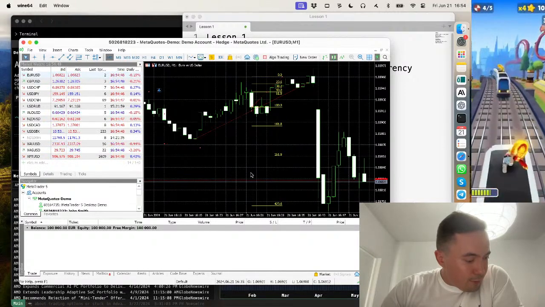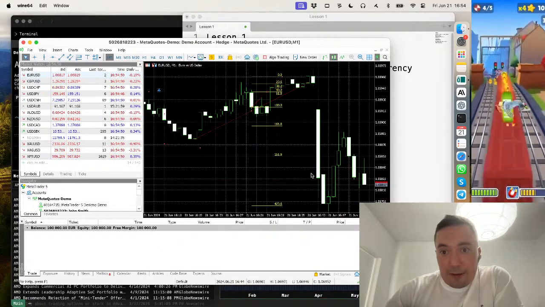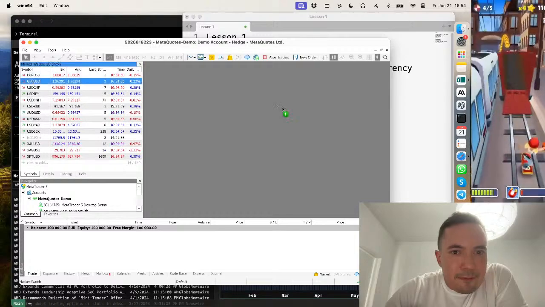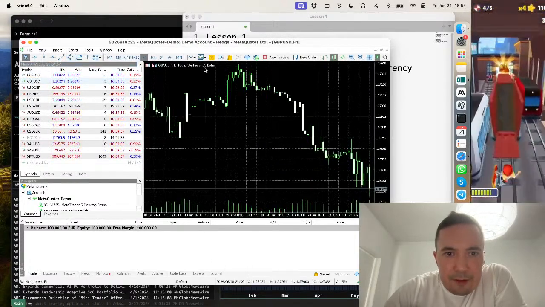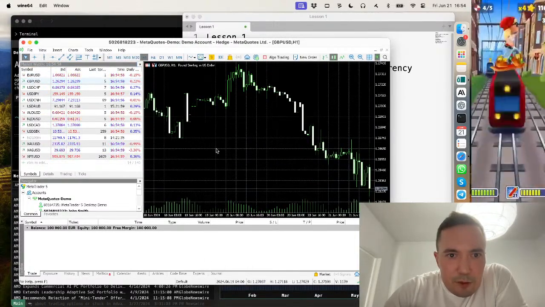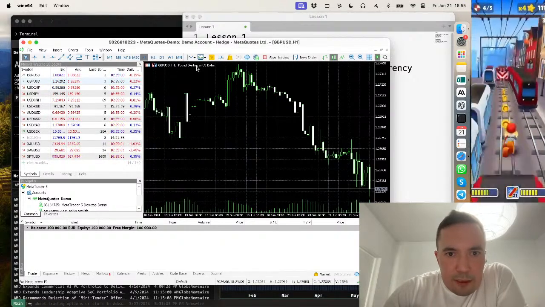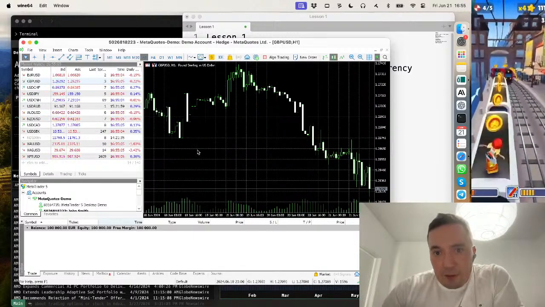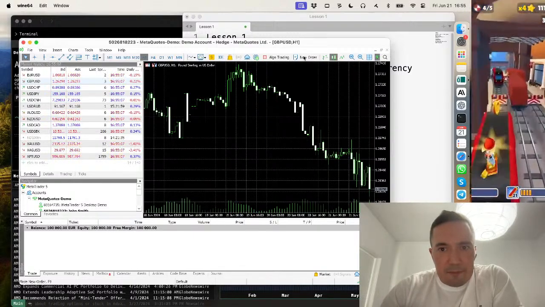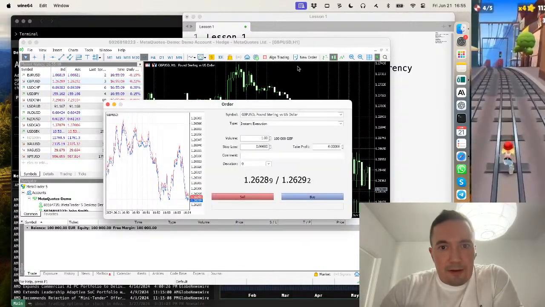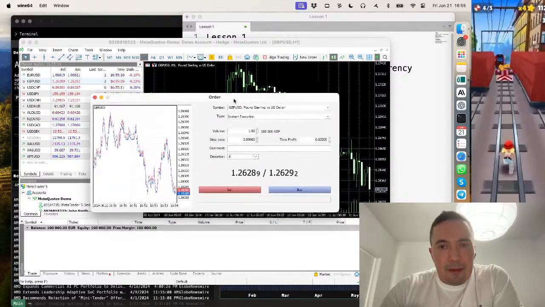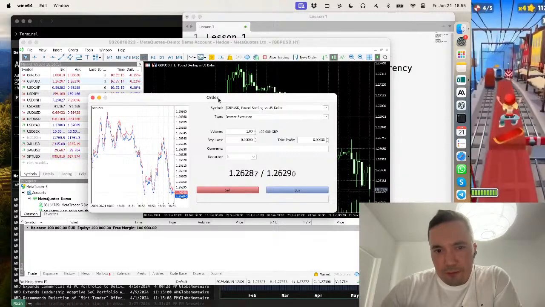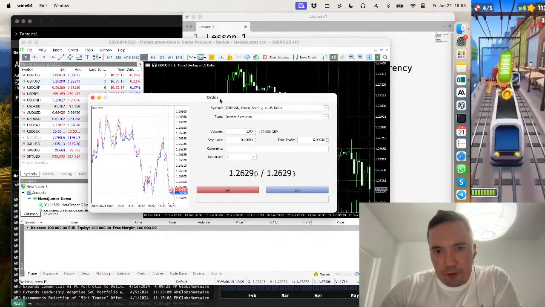What else? Drawing a chart. Okay, let's do some trades then. I make a new chart. It's GBP USD, pound sterling versus US dollar. And since this is a trading terminal, I can make some trades. What is an order? It says here an order.